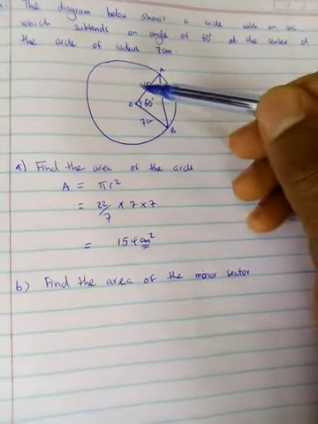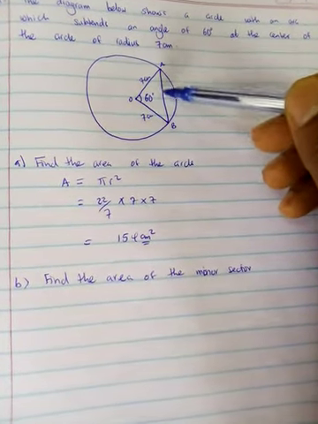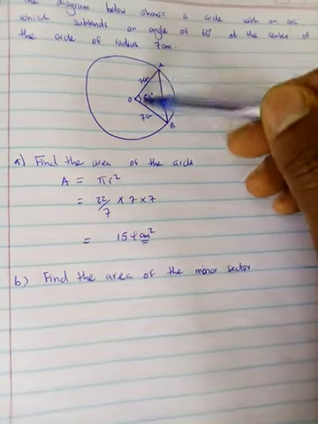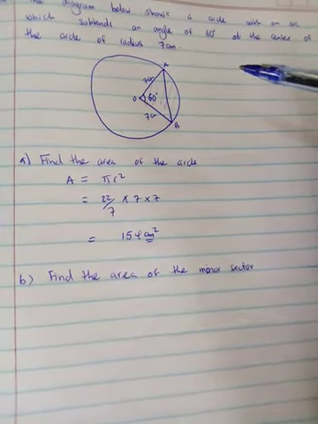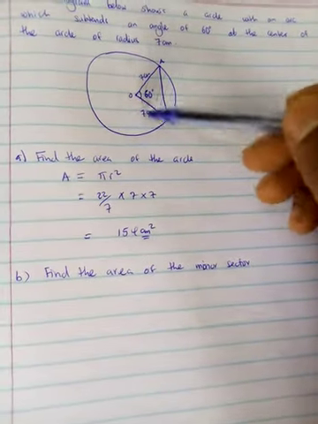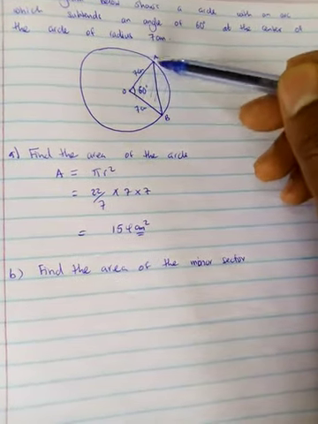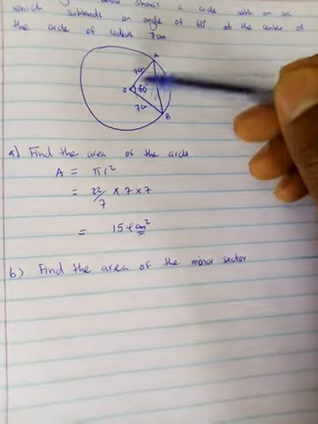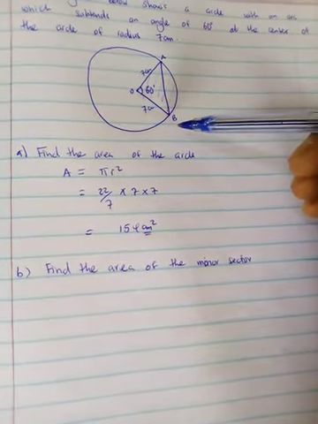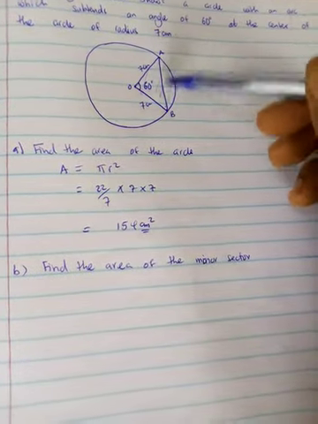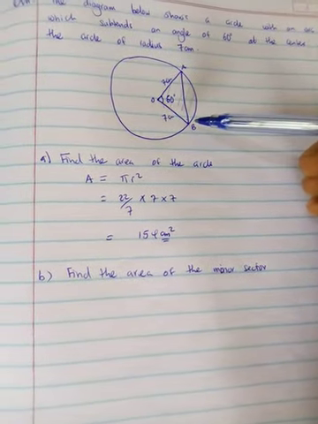Remember, the sector is, leave this line alone, the whole of this portion. That is the minor sector. This other one opposite is the major sector. This one that is subtended by the two radii and the circumference, minus this line, is what we call a sector, but since it is the small one, it is the minor sector.